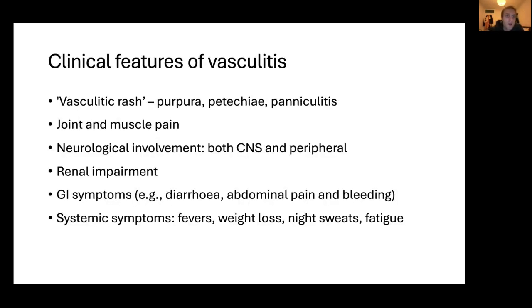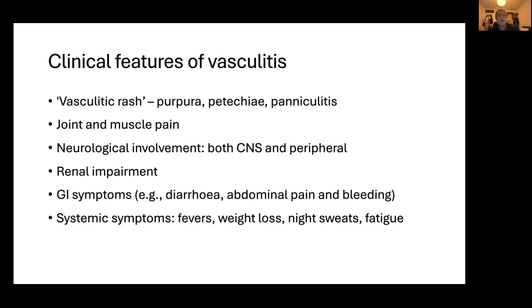So we see this term vasculitic rash, and that can mean quite a lot. A rash in vasculitis can present in a myriad of ways. You can see purpura and petechiae. So this is quite an important differentiation. We often hear someone's got a purpuric rash, and that's obviously classically associated with meningococcal septicemia, and we're very worried, and that's a red flag, isn't it, for referral to A&E, or if you're in A&E, to start IV antibiotics and the sepsis protocol.